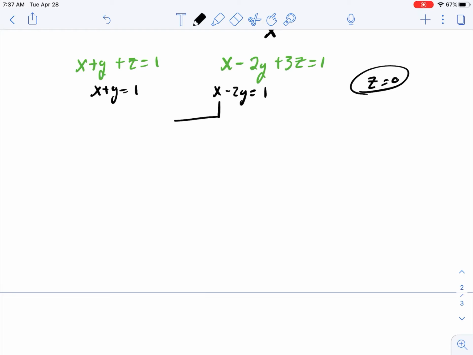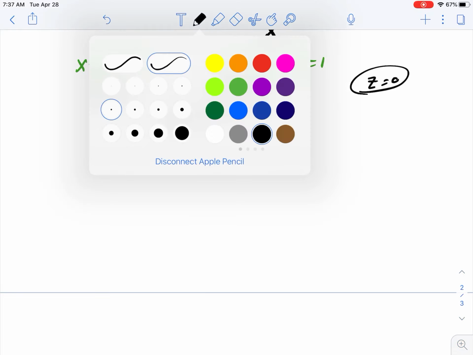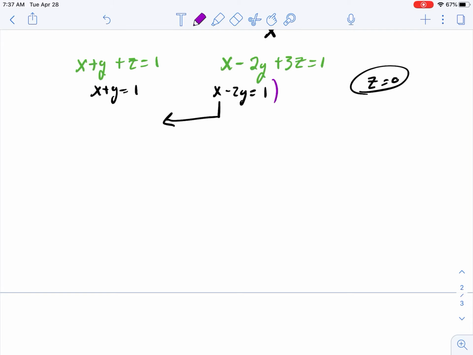So what I got now is two equations, two unknowns. So let's take this one, plug it over here, and let's change the signs. So I'll multiply everything by -1. So negative x plus 2y equals -1. 3y equals 0, so y is 0.